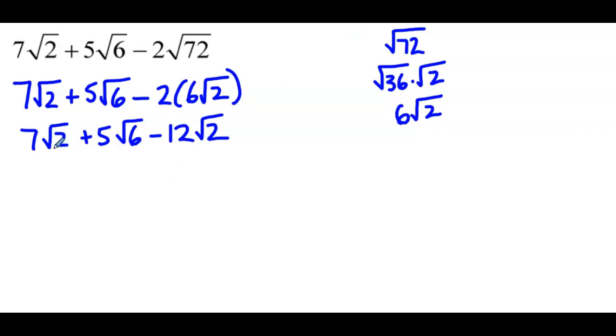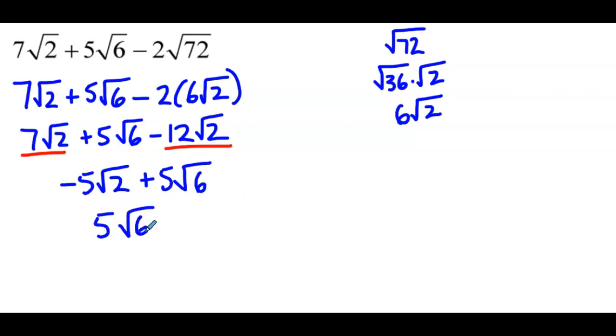Now looking, we have two like terms. So we combine their coefficients. So 7 minus 12 gives us negative 5 times the square root of 2, and then 5 times the square root of 6 has no other like terms to combine with, so it stays plus 5 times the square root of 6. And if we wanted to, we can write this as 5 times the square root of 6 minus 5 times the square root of 2. Okay, they're equivalent expressions, so they would both be correct.